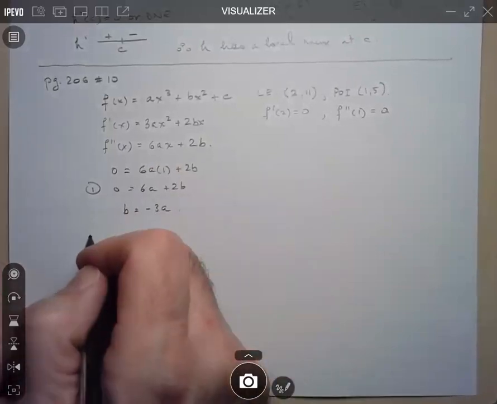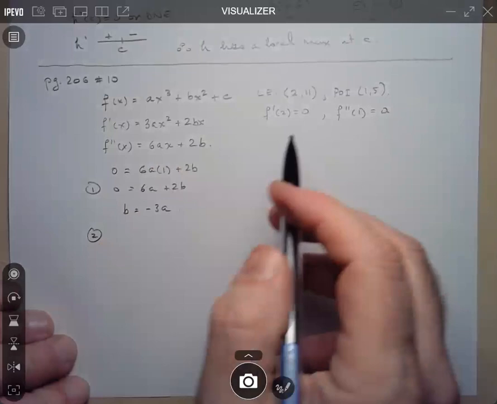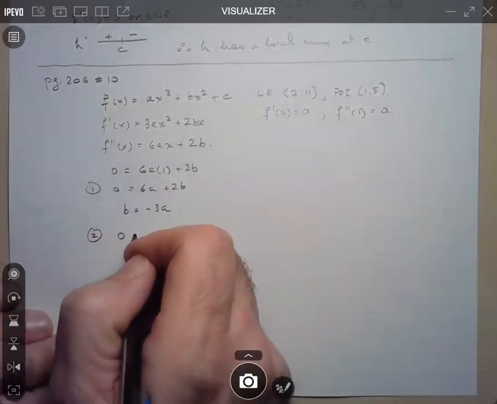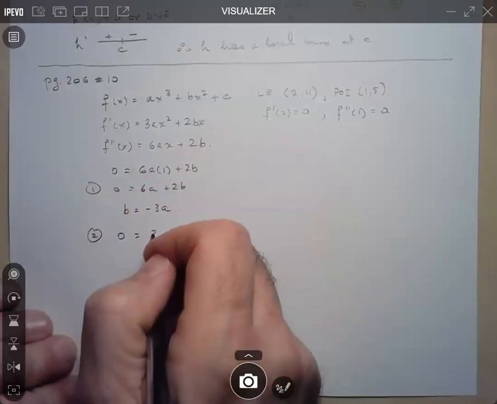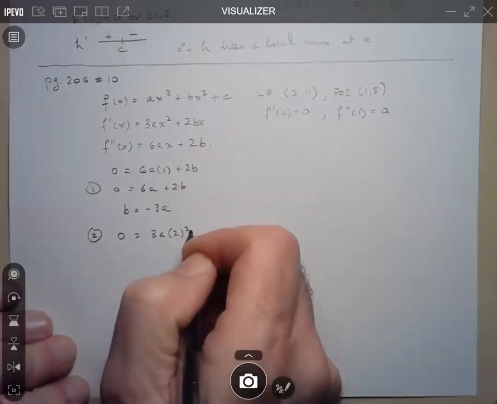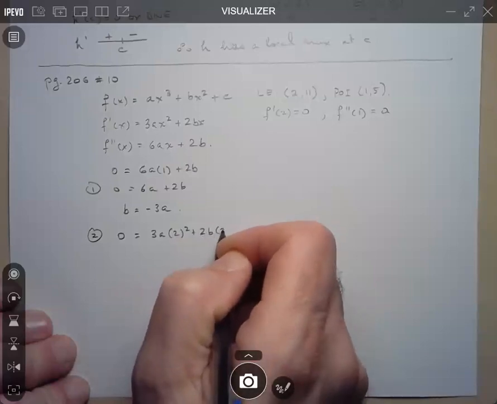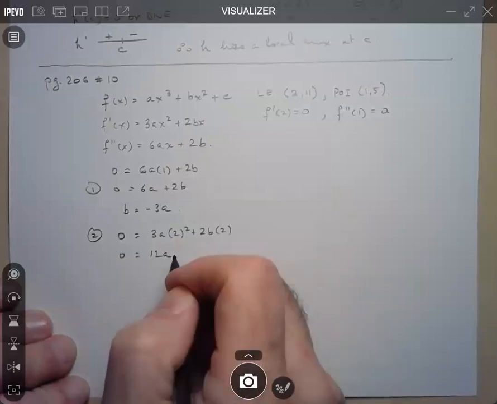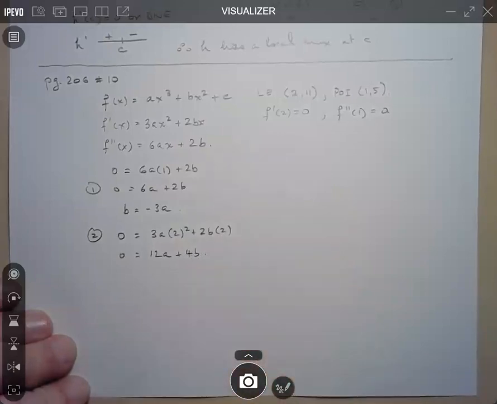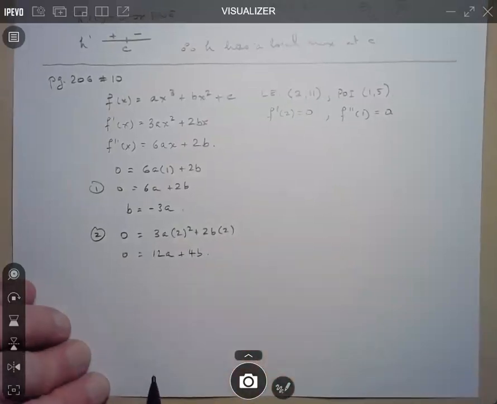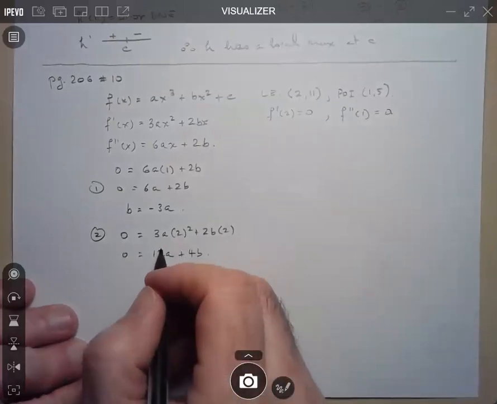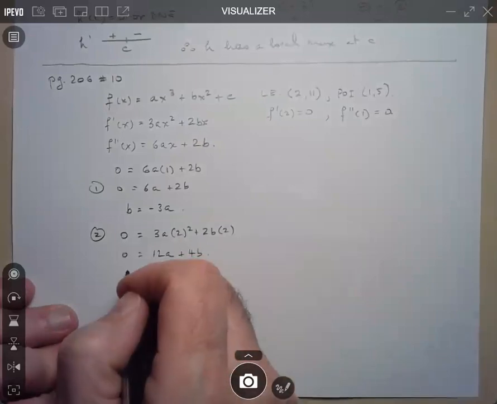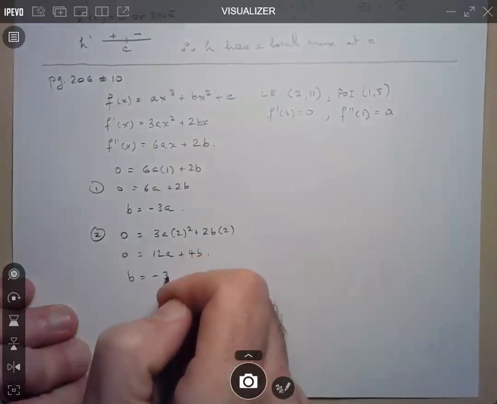All right, now let's go to the second piece of information, that f prime at 2 is equal to 0. So f prime 2 is going to be equal to 0. And now I'm just going to replace x with 2 here. So 3a times 2 squared plus 2b times 2. So here, what do we have? We have 4 times 3, 12a plus 4b is equal to 0. And when I solve for b, if I bring the 12a to the other side, negative 12a divided by 4, I see that b is equal to negative 3a.